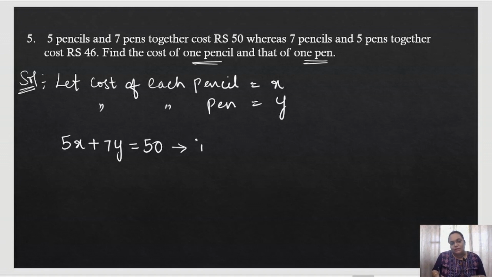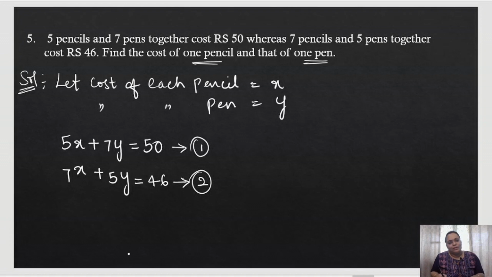So this will be our equation number 1. Again, see here, each pencil costs us x, right? So 7 pencils cost us 7x, plus each pen costs us y and 5 pens cost us 5y. These both together cost us rupees 46. So this will be our equation number 2.